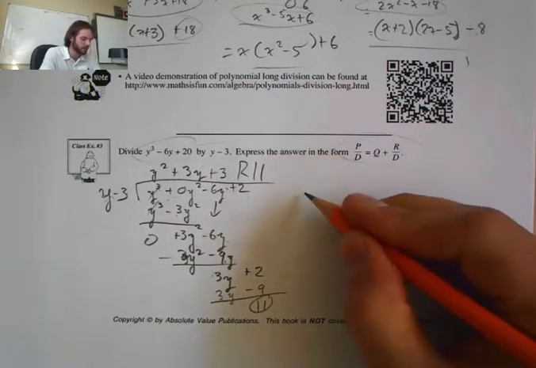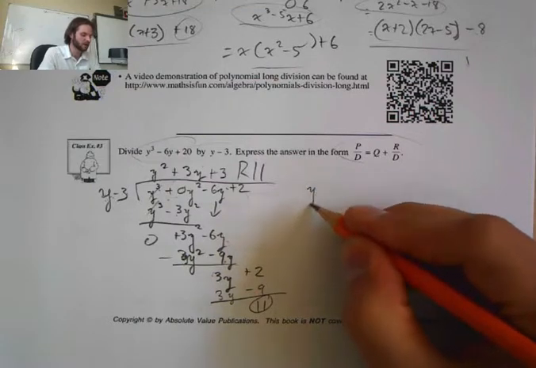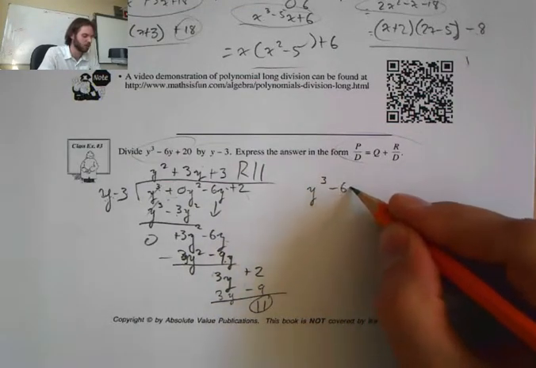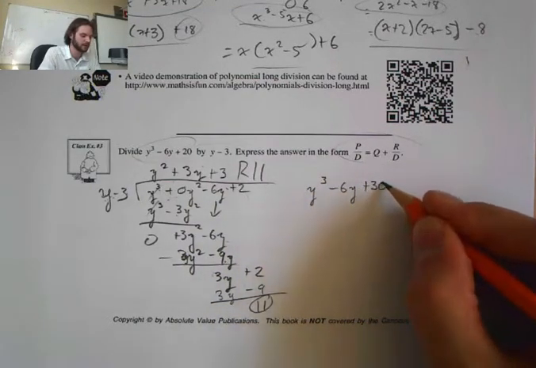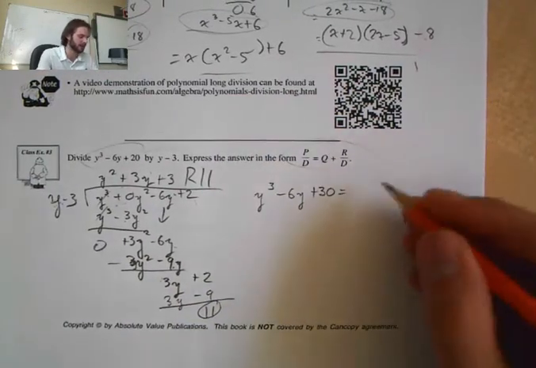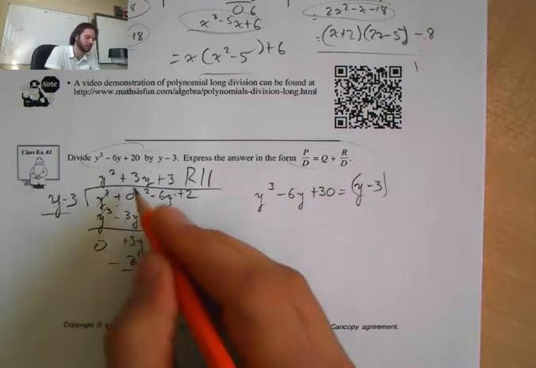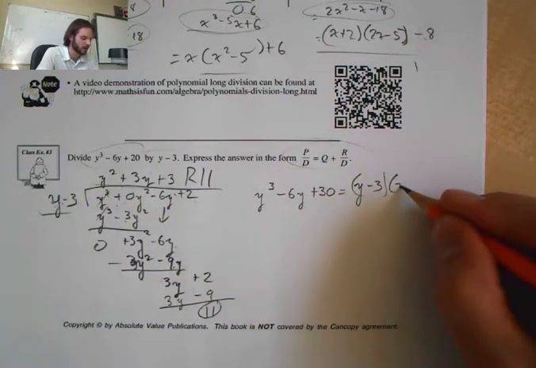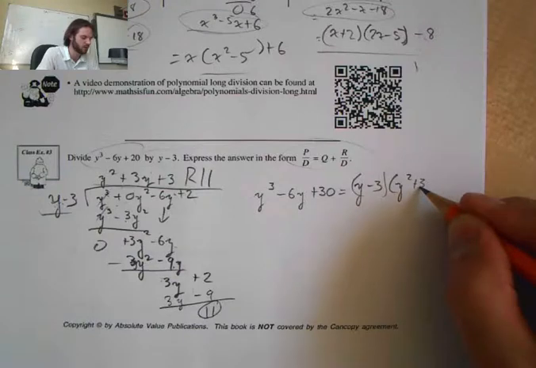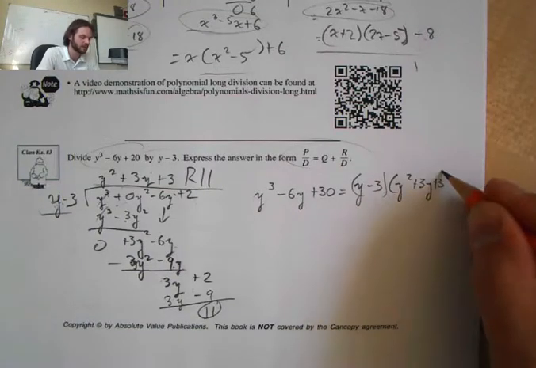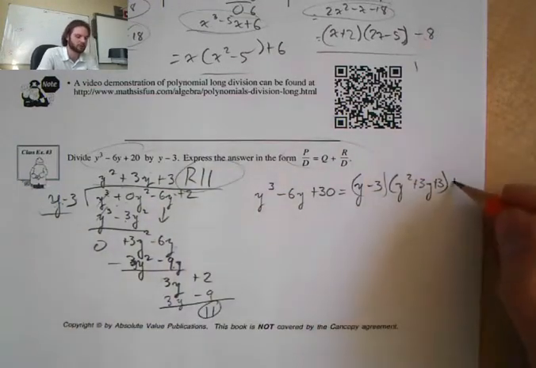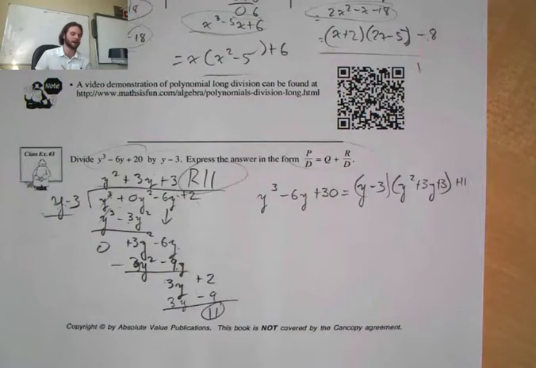So I know we have y cubed minus 6y plus 20 is equal to y minus 3 multiplied by y squared plus 3y plus 3, and then we have plus 11 over all of that.